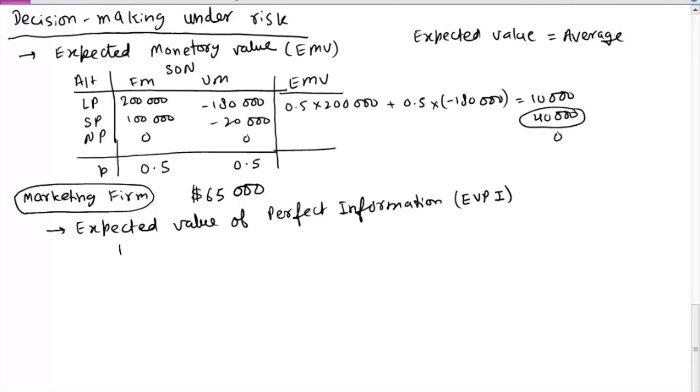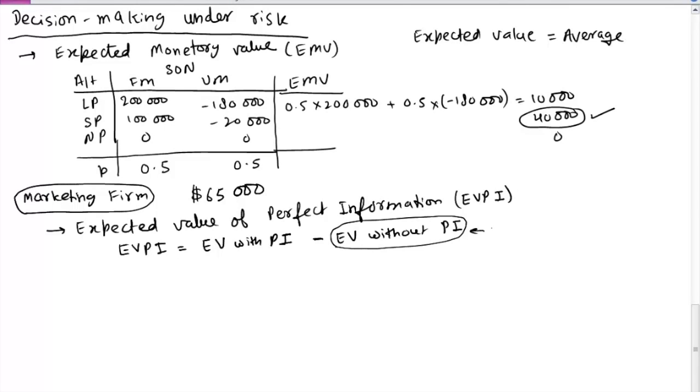So EVPI is equal to expected value with perfect information minus expected value without perfect information, which we just now got, this $40,000. So this is $40,000. This is expected value with perfect information, 0.5 times best value.